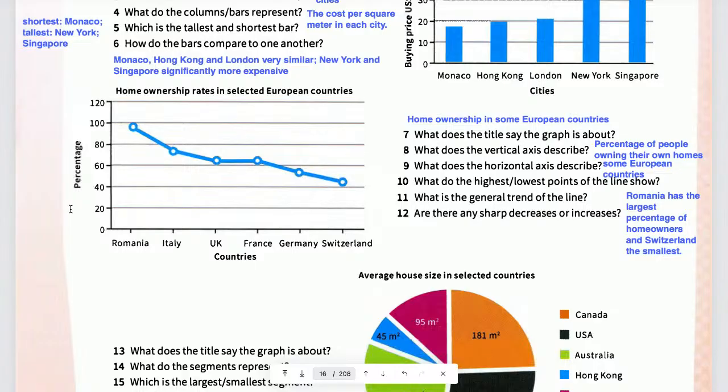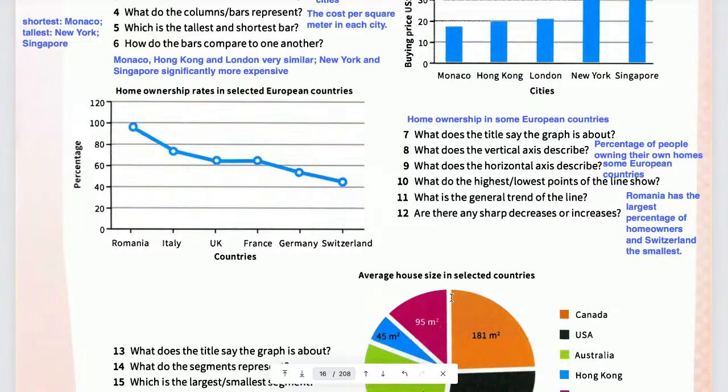Okay, so you can mention something like most of the countries have similar figures except for Romania. Most of the countries have similar figures. What does that mean, guys? Percent.